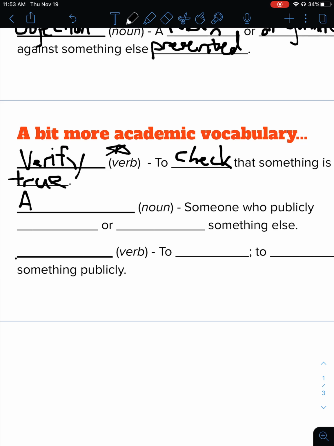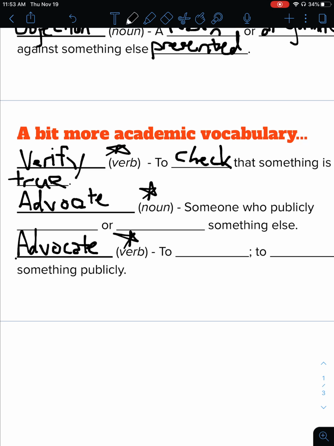Now, these next 2 terms are both the same word, but they can be used as a noun or a verb, and it is the word advocate. Usually we say advocate for a noun and advocate for a verb.